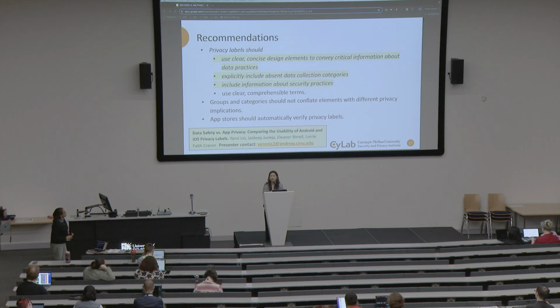Consistent with prior work, which has found inconsistency between the actual data practices and the privacy labels, we also made a recommendation in our paper that app stores should automatically verify privacy labels. You can read more about this in the paper. Thank you for the question.